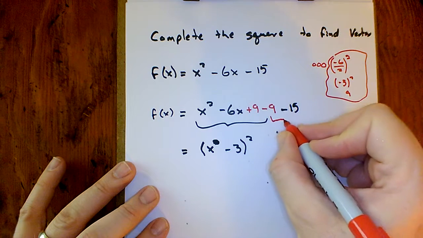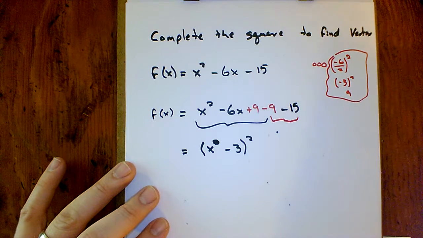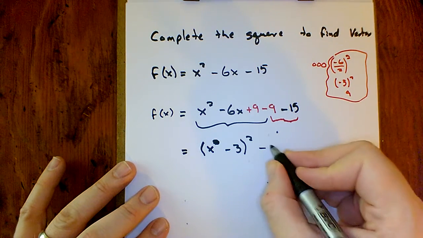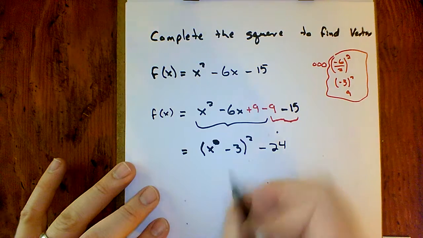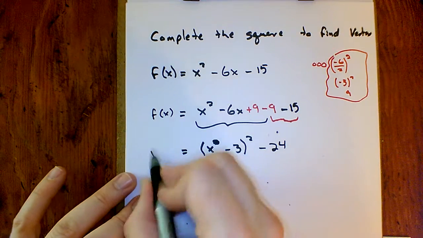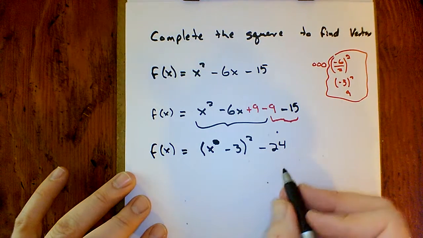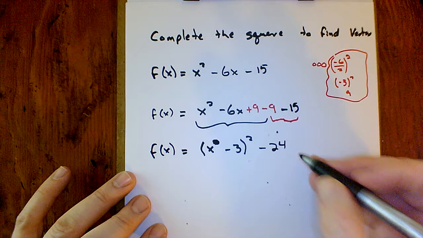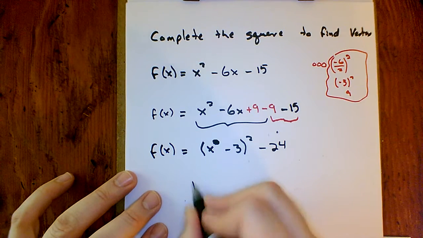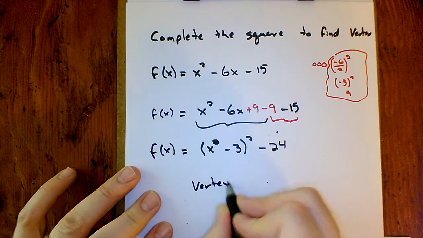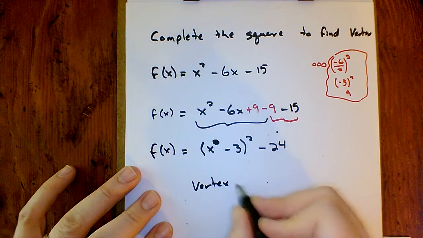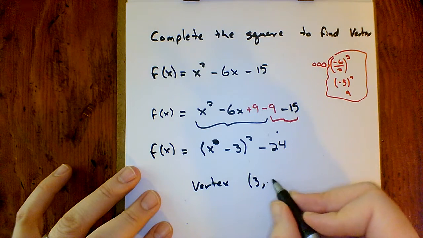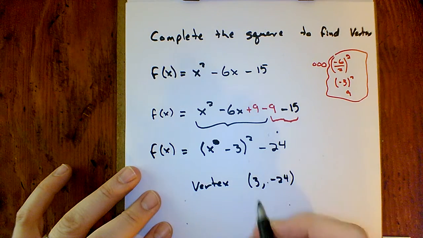I have minus 9 and minus 15, which is going to give me minus 24. So from this point, I can directly read off of here what our vertex is. Remember we flipped this sign, so our vertex is going to be (3, negative 24).